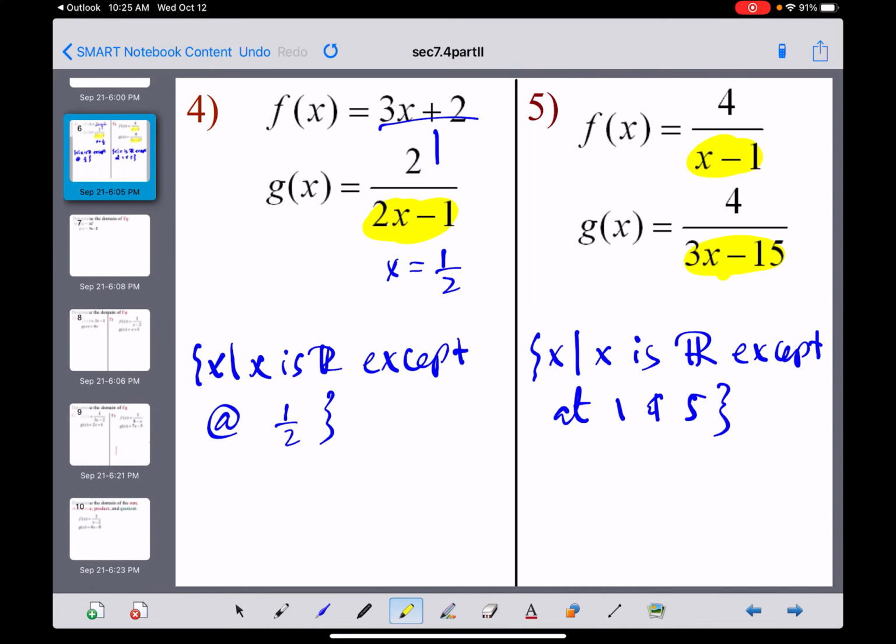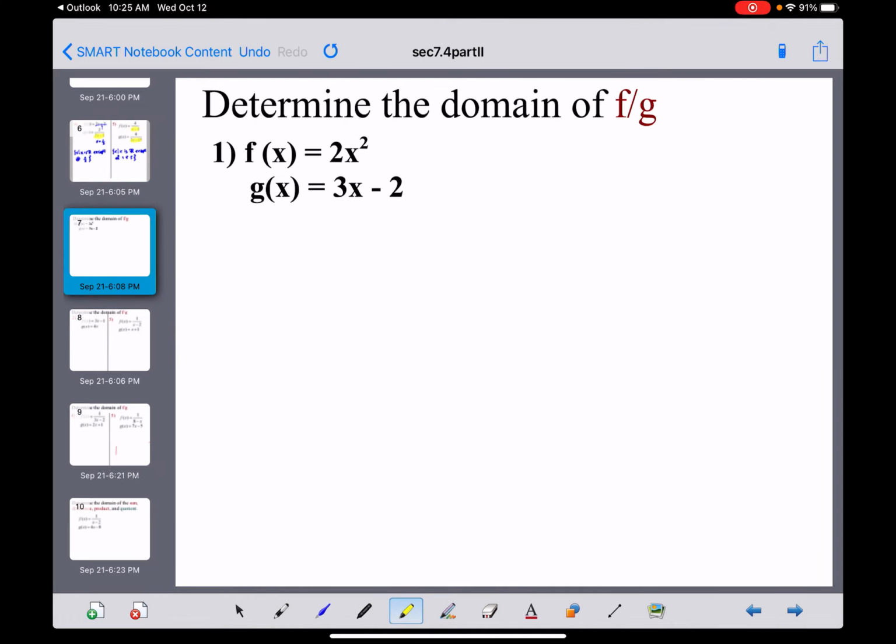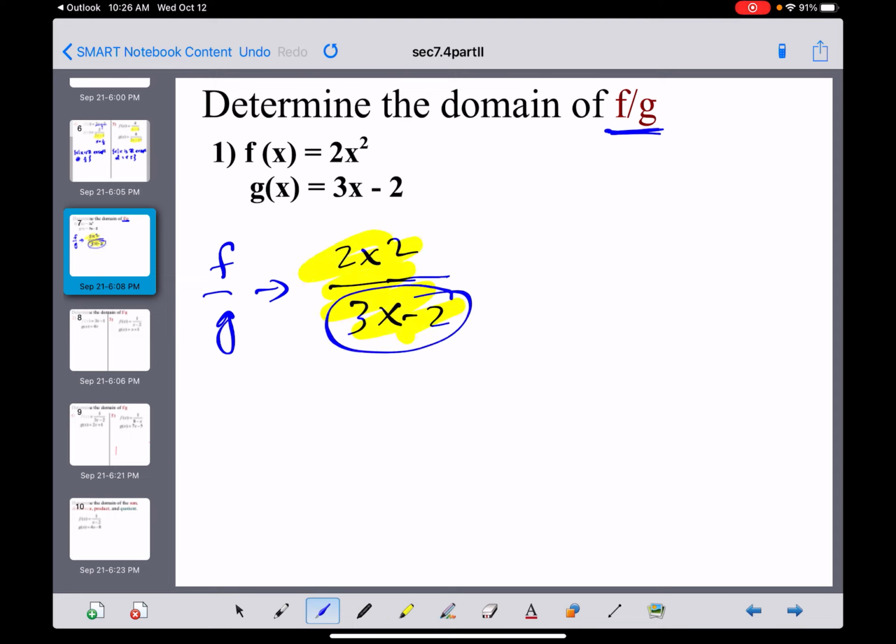Let's cover division too. Okay, so determine the domain of f divided by g. So f divided by g means 2x squared over 3x minus 2. For division, you have to set up the functions like this, and then you look at the domain from here. Again, we look at the bottom, and that right there is 3x minus 2 equal to 0, 3x equal to 2, divide both sides by 3, x equal to 2/3.